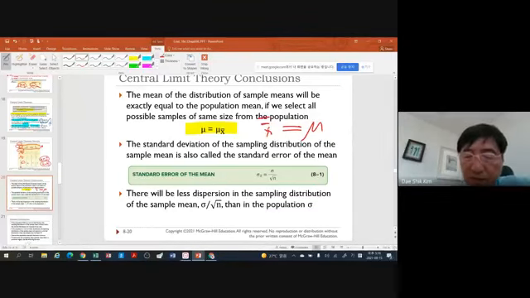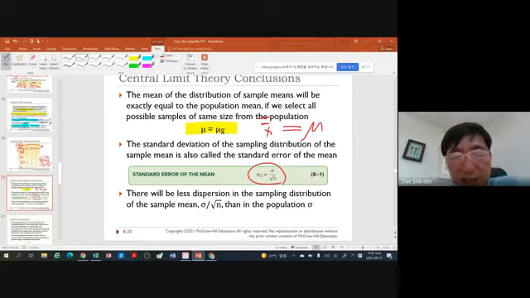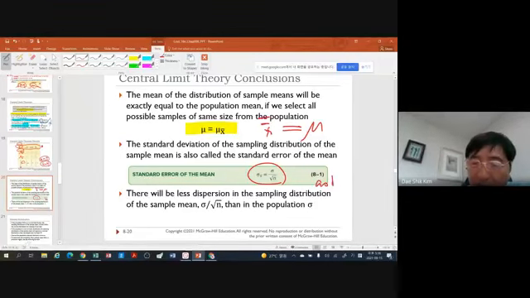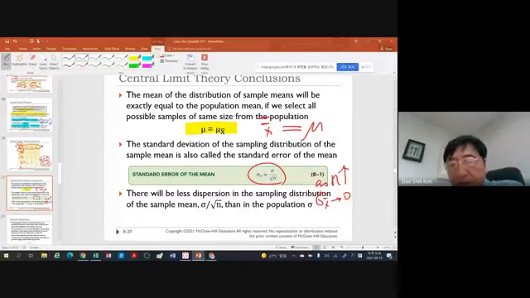But here, look at the sample mean spread. The sampling standard error will be smaller and smaller as n increases. What happens? Sigma x bar will get close to 0, because n is a very large denominator.